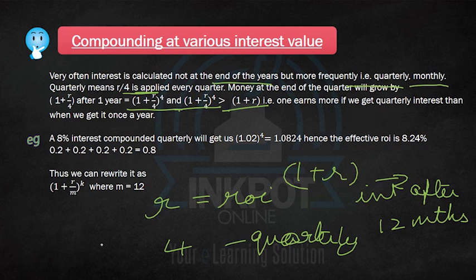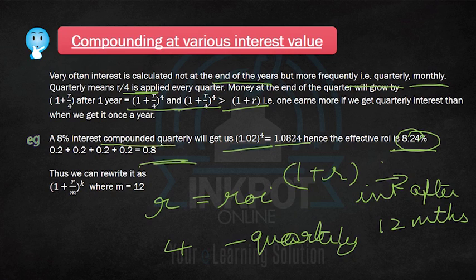So every time you get the interest, for example, supposing you have an 8% interest rate compounded quarterly, it will give us 1.02 raised to the power of 4, which means 1.0824. And the effective rate of interest becomes 8.24%, while ideally it is just 8%. So you're getting this extra 0.24% because of the fact that interest is compounded quarterly.